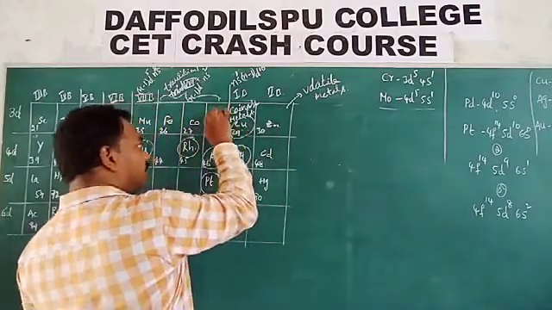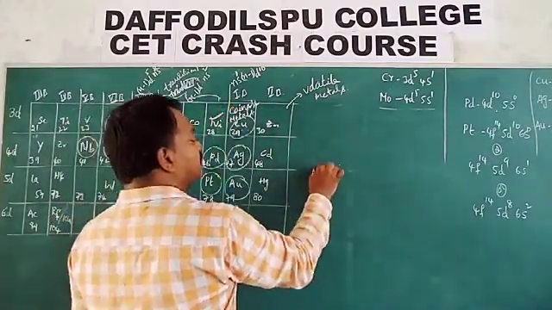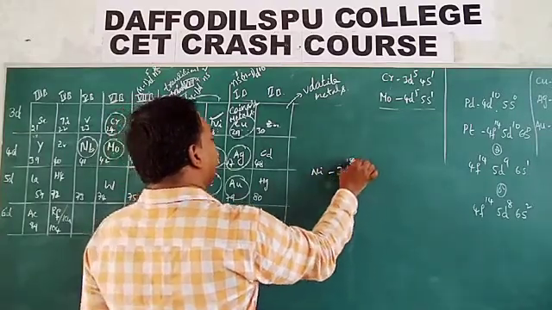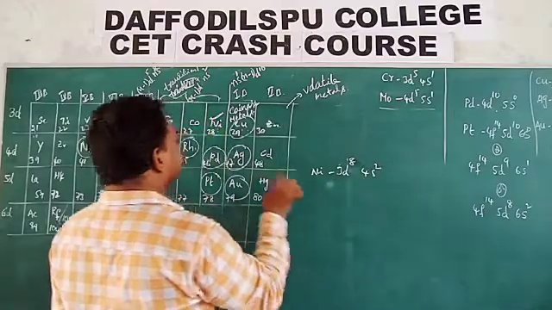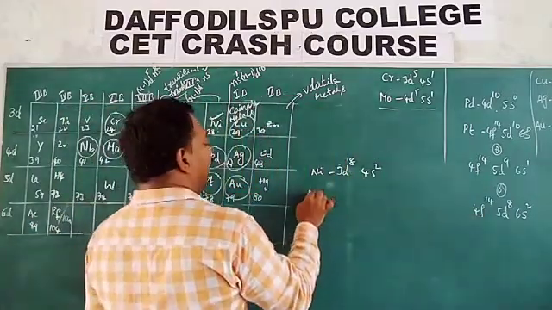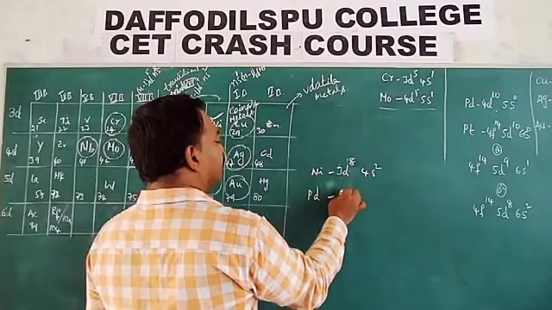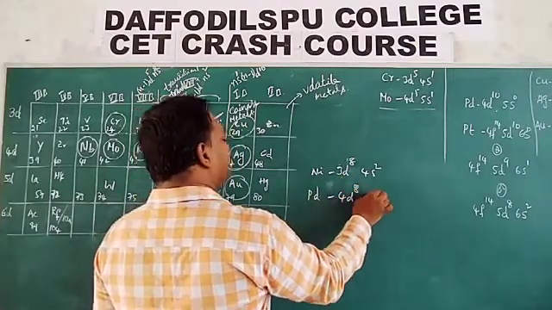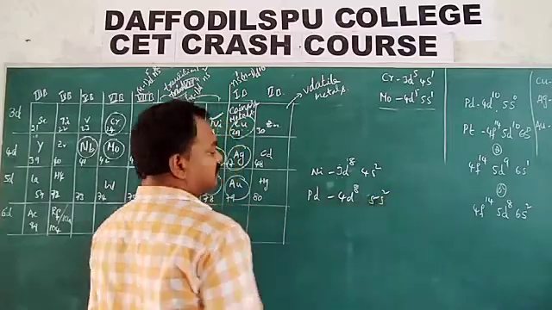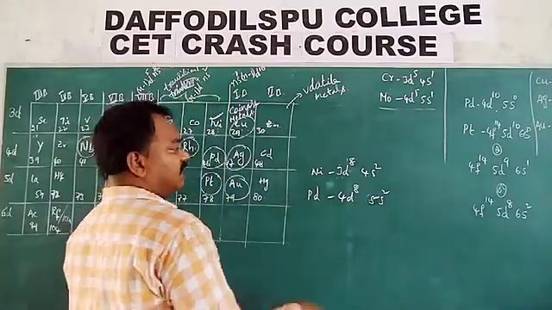It is 3D8 4s2. If you have to write the palladium electronic configuration, then it must be 4D8 5s2. This is the expected electronic configuration of palladium.